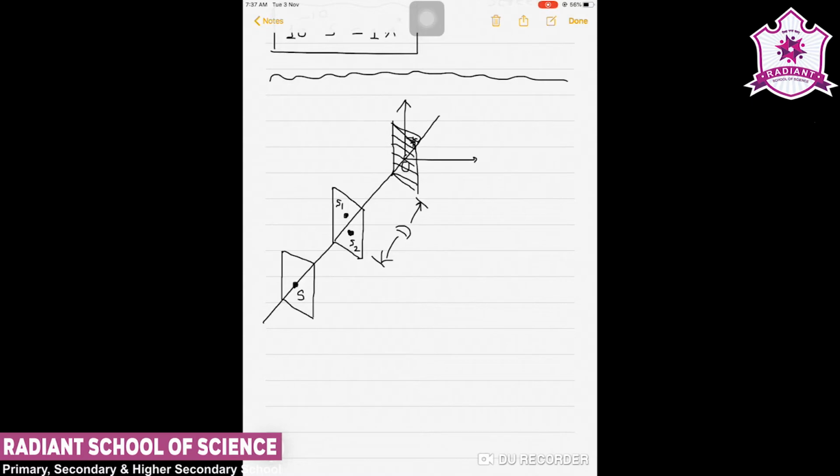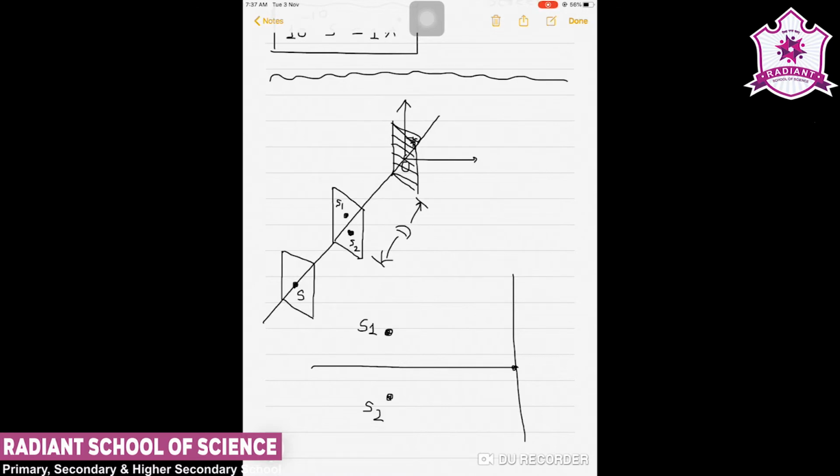Now they will be coherent, like the two vibrating needles we observed in the water ripple tank. If we consider S1 and S2 on another view, we can draw them as two sources. The screen is already there, and this is the intermediate part.